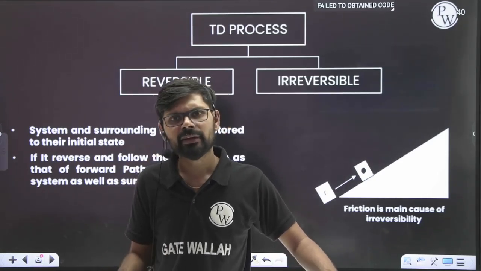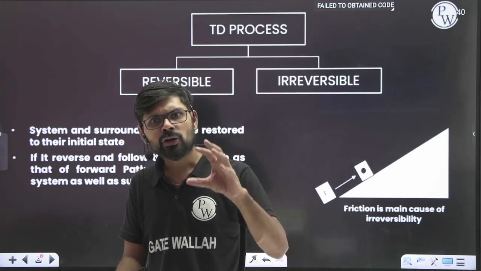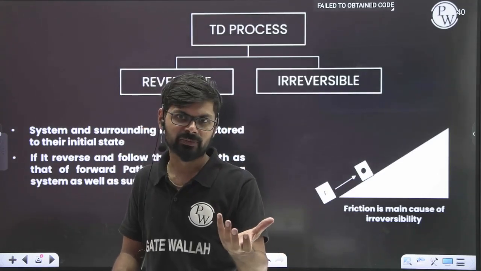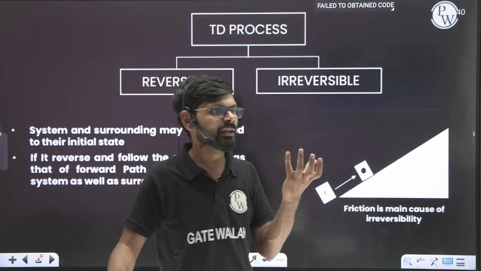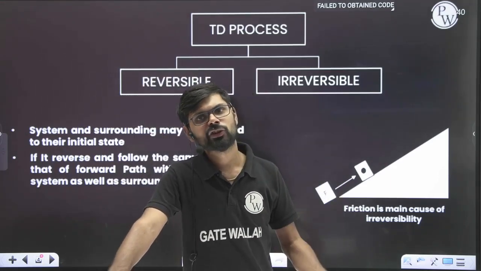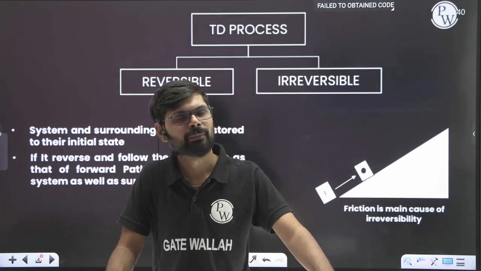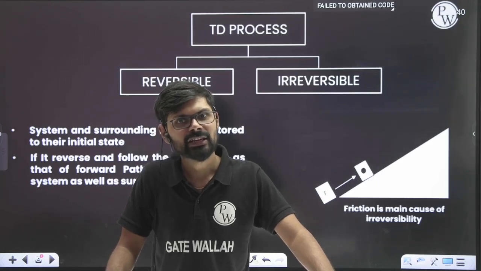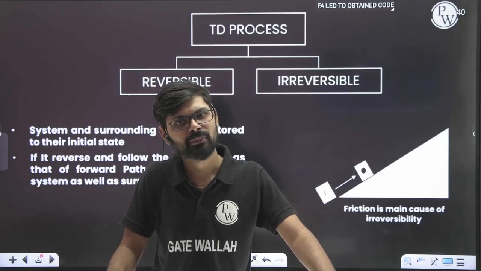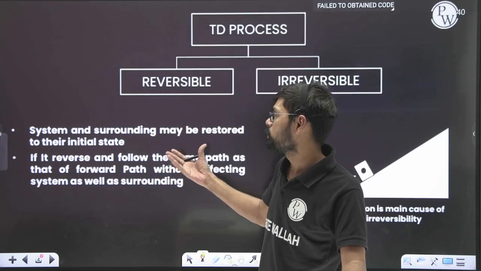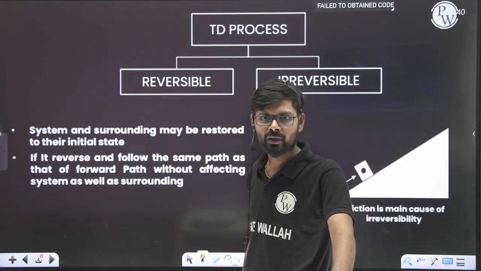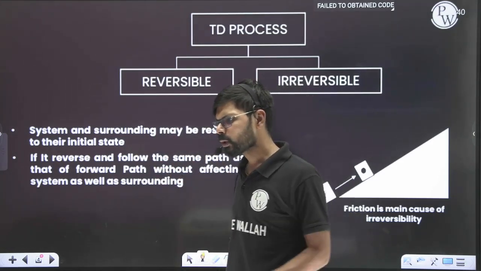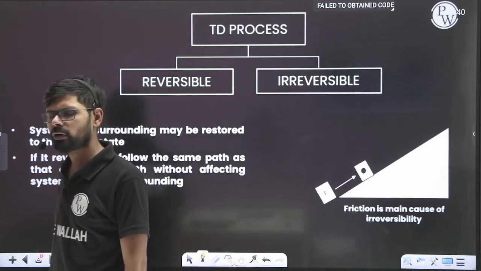In an even better way, I can say that a process, if it is reversed, then the initial state of the system as well as the surroundings can be restored. That is basically a reversible process. I hope you may have a little bit of idea about it, right?